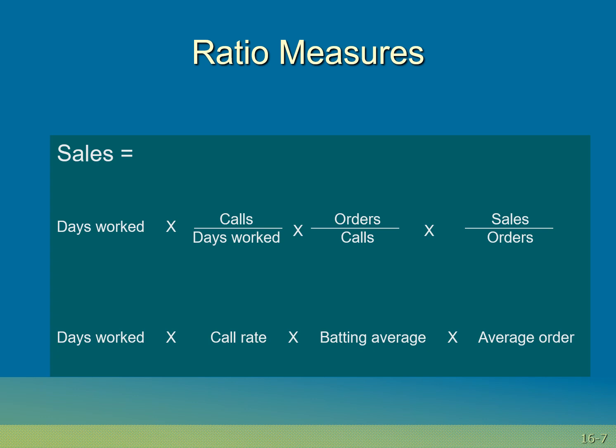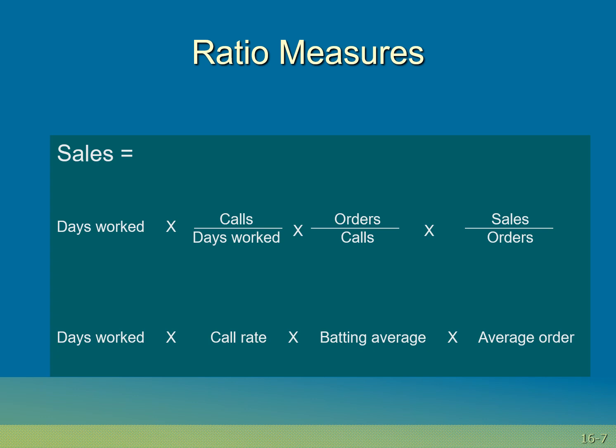and average order. So what is days worked? That's how much you work. What about the call rate? This is how efficiently you work. And what about the batting average? It's how lucky you were.